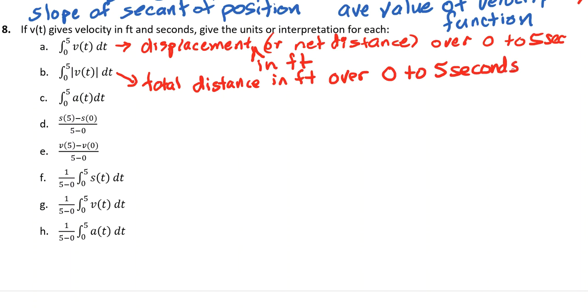All right, so what about integrating acceleration? If you integrate velocity, you get the displacement. If you integrate acceleration, that's our term for the change in velocity. So displacement is the change in position.